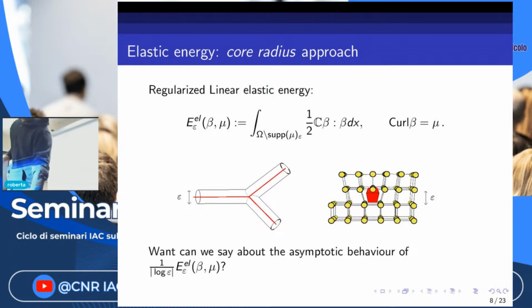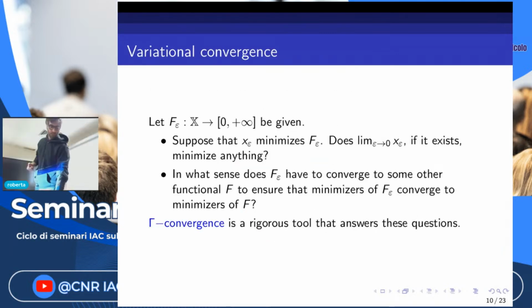In order to do so, we should talk about a particular kind of convergence for functionals, which is also known as variational convergence, but its name is Gamma-convergence, introduced in 1975 by De Giorgi.